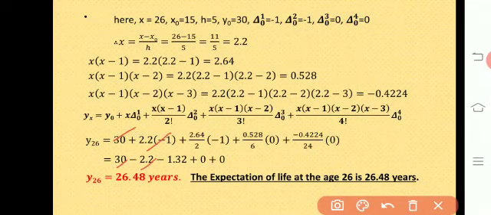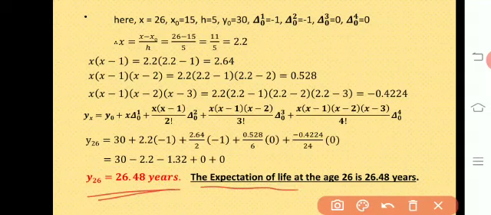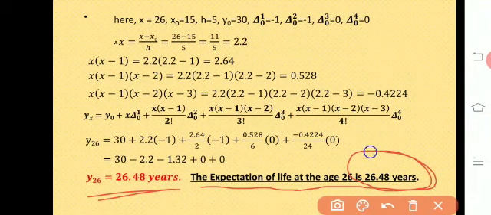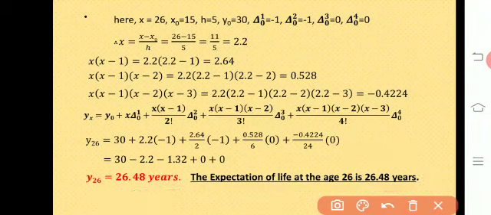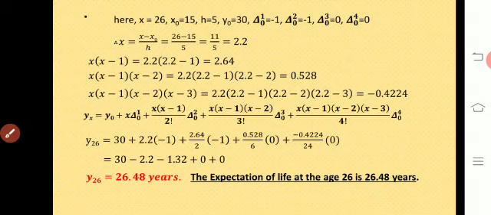Then 2.64 upon 2 factorial into minus 1 you will get minus 1.32. The other two terms you will get 0. Simplifying further, y26 is equal to 26.48 years. That is, the expectation of life at age 26 is 26.48 years. So these are today's examples on Newton's advancing difference method.